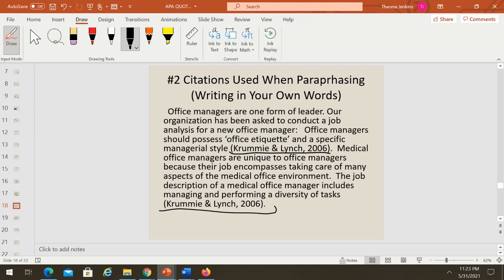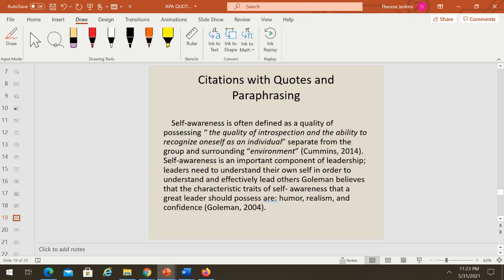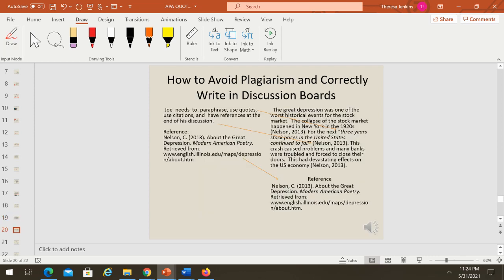Student citation, and again, notice the period is after the citation because that's considered the end of the sentence. Here is an example of both quotes. So these, again, are the author's words. The quotes designate the author's words, and the citation tells us who said it. Then there's some paraphrasing, and again, the paraphrasing tells the reader where we found our information that we wrote about.